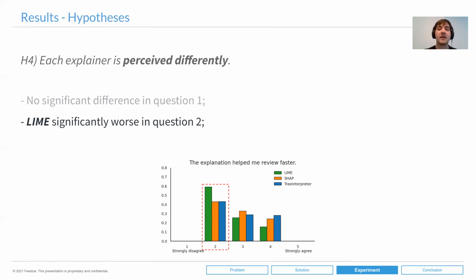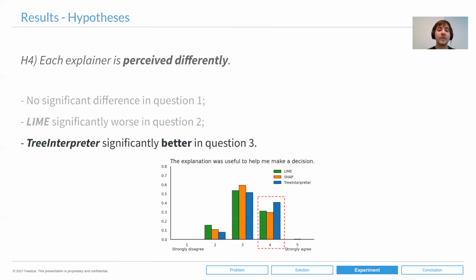The analysts had a perception that LIME was worse than the other explainers when it came to helping them decide faster. And on the third question, which was about helping them make a decision, the explanations from 3Interpreter were significantly different than the other two explainers, and the analysts had a notion that these would help them make decisions better.